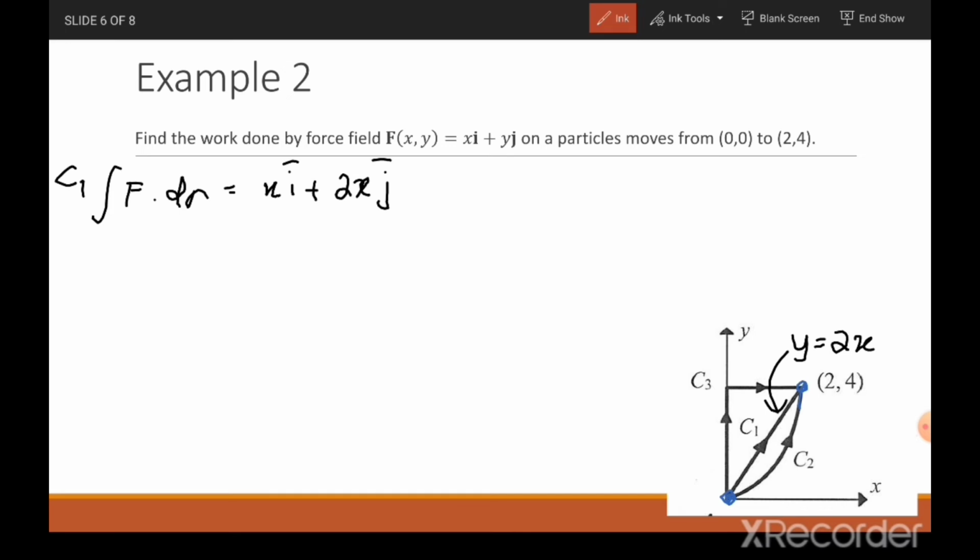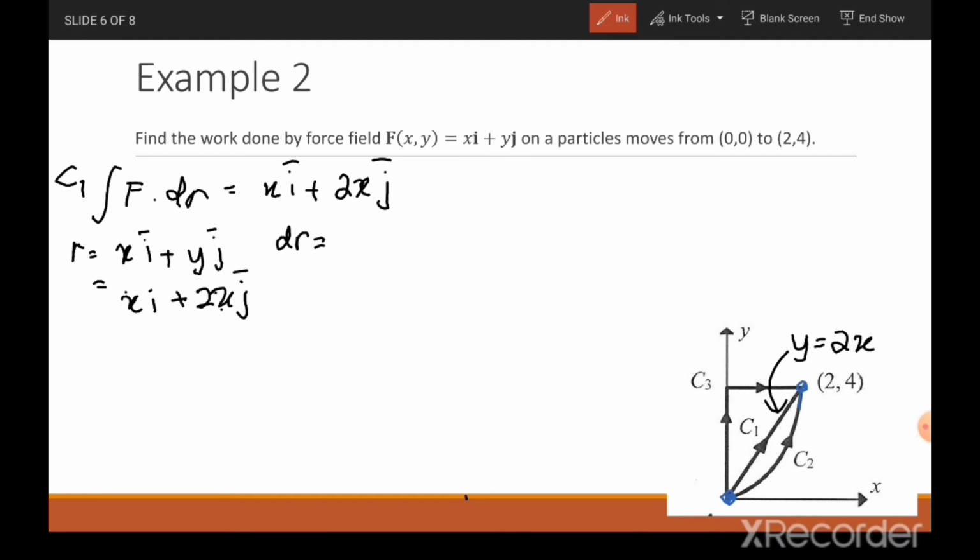We do it in the x direction. So r equal to xi plus yj, which is xi plus 2xj.